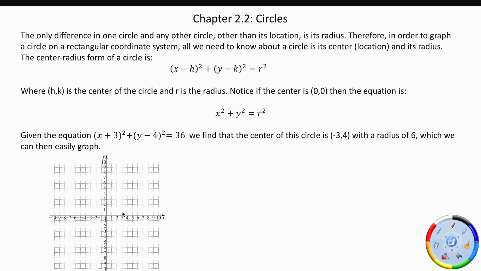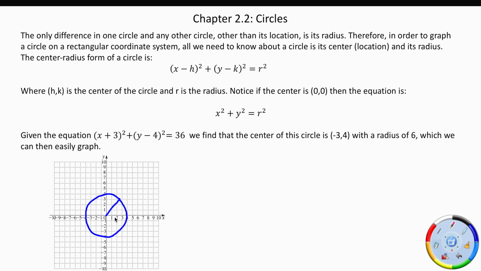Let's look for just a minute at why it's the Pythagorean theorem. So let's try to draw a circle down here on my graph, and here's the radius.